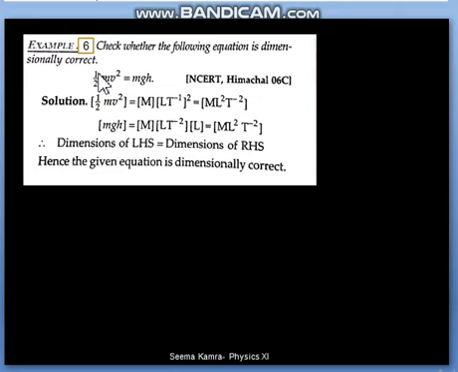Okay, so half mv square is written, or 1 by 3 mv square, or 5 by 6 mv square, anything is written. If these powers are correct, then your dimensional answer will come correct only on both the side. The meaning is we cannot check the constant by dimensional analysis. This is one of the limitation of dimensional analysis.